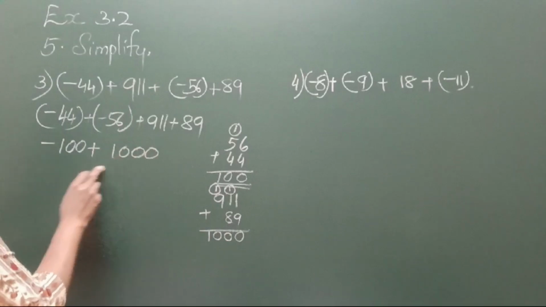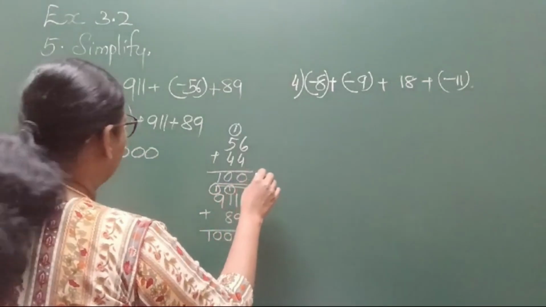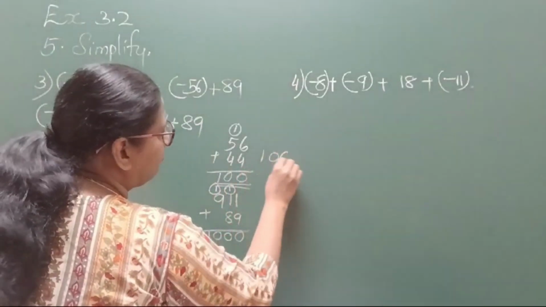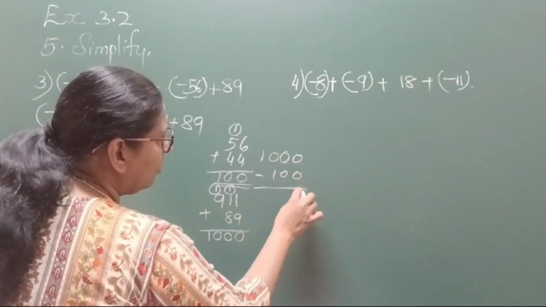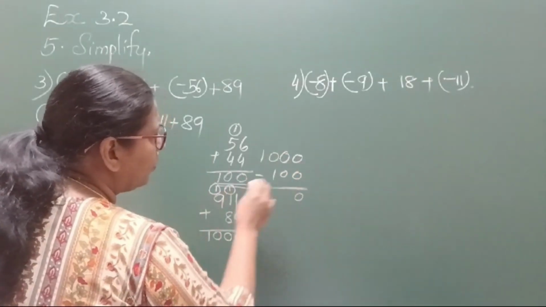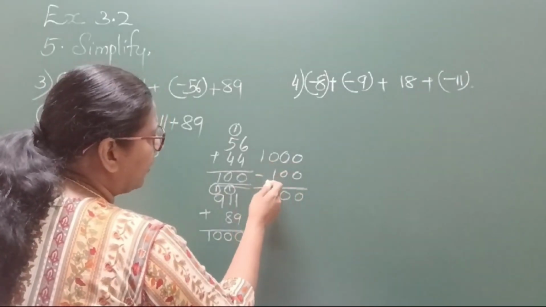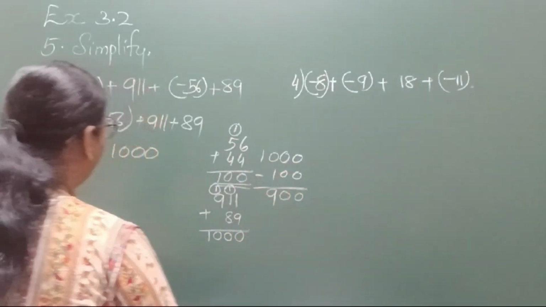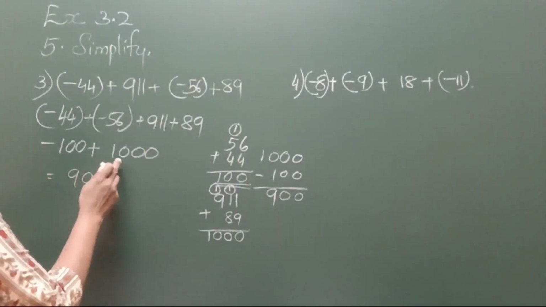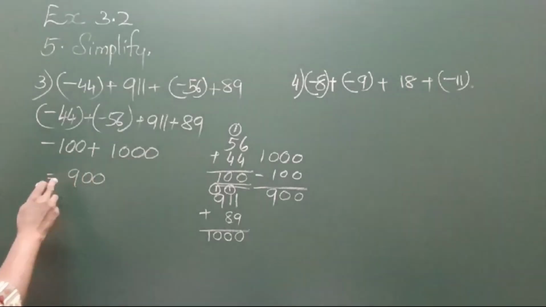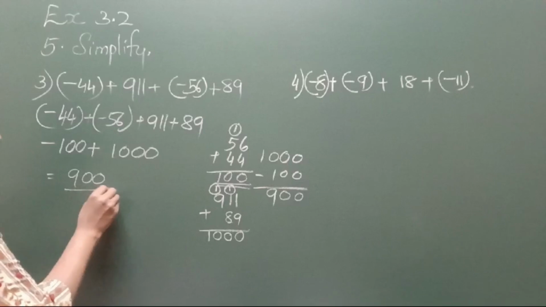Now here there are two different integers, so we find the difference of these two: 1000 minus 100. 0 minus 0 is equal to 0. 0 minus 0 is equal to 0. Again 10 minus 1 is equal to 9. So our answer is 900. Since the greater number's sign is positive, we don't need to put the positive sign. It is understood that it is positive.